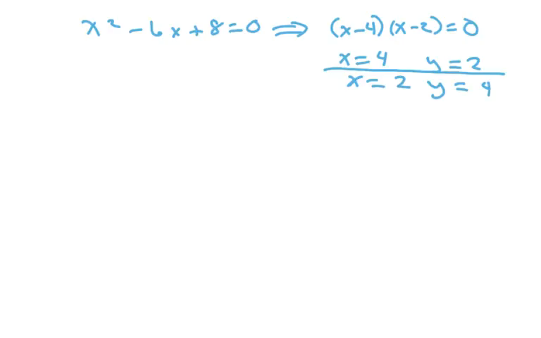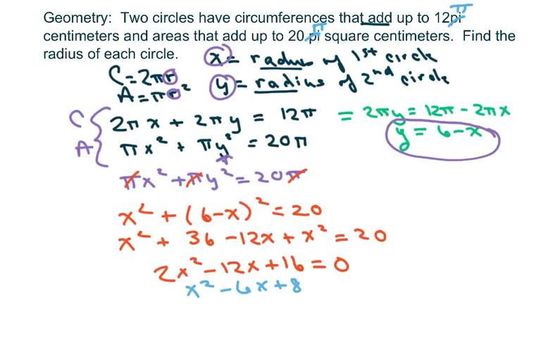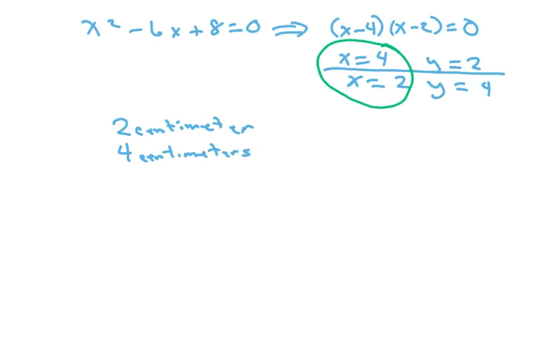So the radii of the circles are 2 centimeters and 4 centimeters. Again, all I did on this part was go back to my original equation and substitute my x's back in to find my y. And that gave me my radius, my radii.